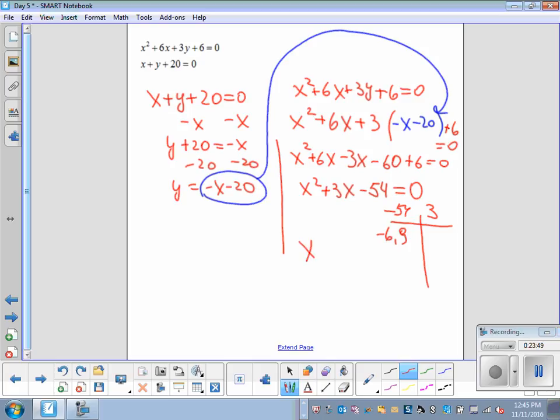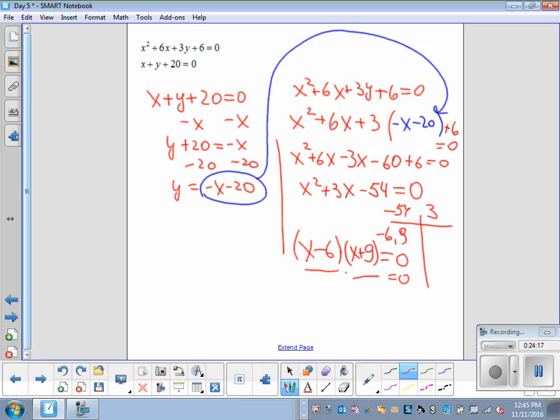So I just rewrite it as x minus 6, x plus 9, and I set the whole thing to 0. After I factor the trinomial, how do I solve? You set each factor equal to 0, so x minus 6 equals 0, so x equals 6. Yes, exactly, because I have one number multiplied by another number equals 0.